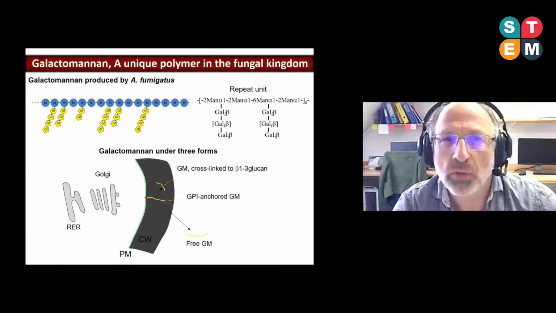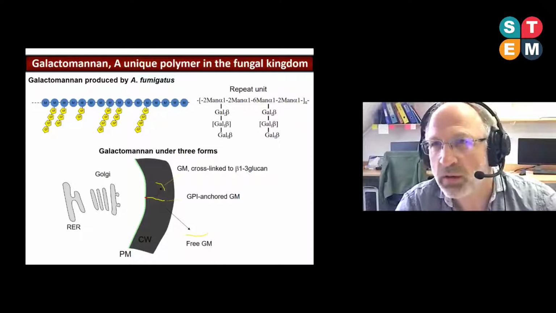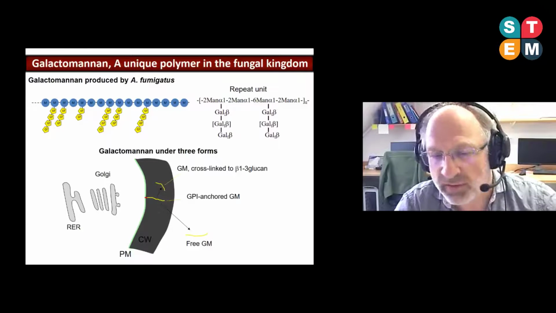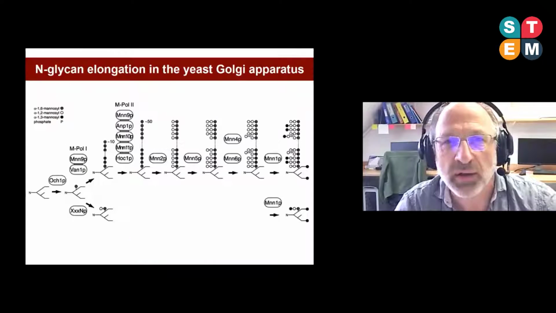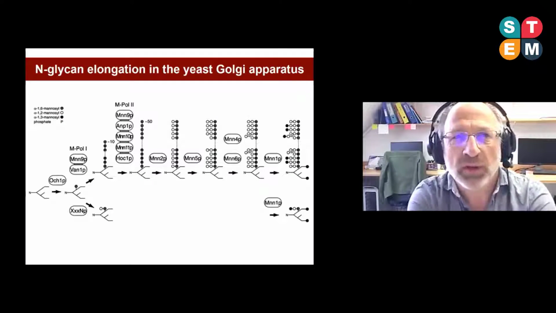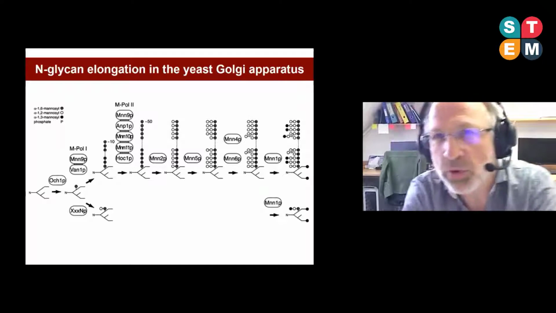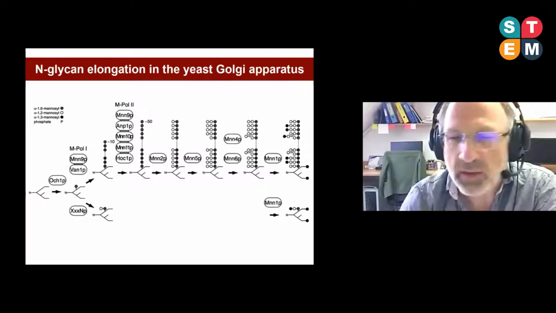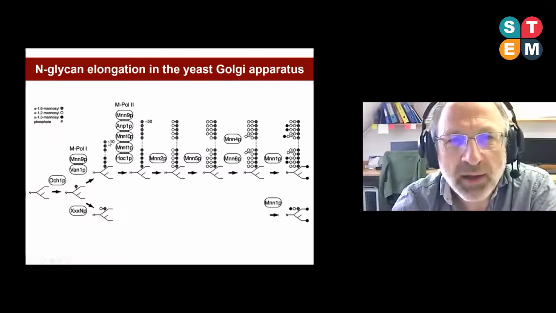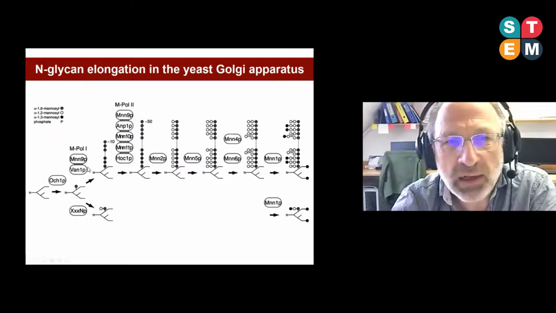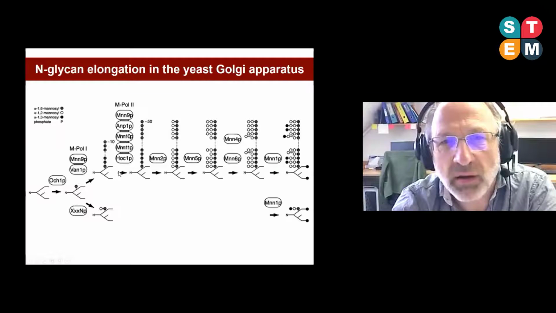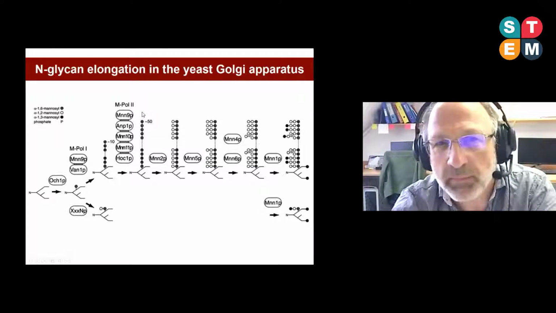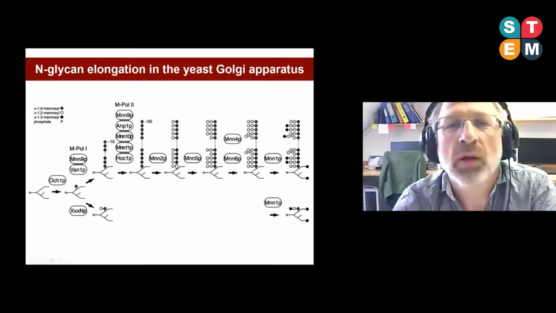To try to understand its function, we looked for enzymes involved in its biosynthesis, and particularly in the biosynthesis of the mannan chain. If we compare with what is known in the model yeast Saccharomyces cerevisiae, the mannans are mainly linked to the N-glycan of glycoproteins, with a structure of an alpha-1,6 mannan chain with branches of alpha-1,2 mannoside.